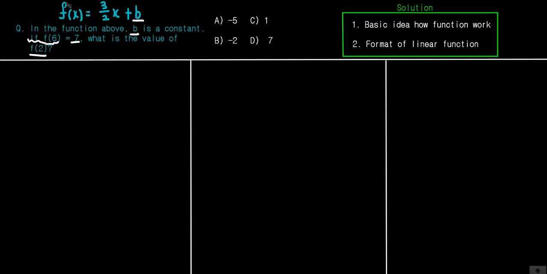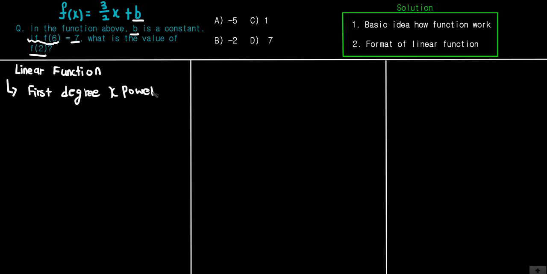At first, if you look at our function, we can figure out that it is a linear equation. The reason is that a linear function is formed by a first degree x power.